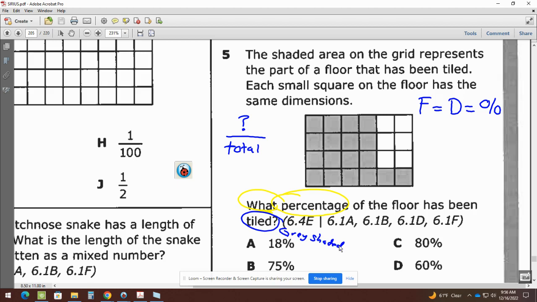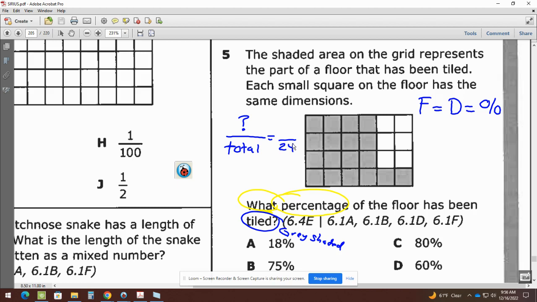So here we go. My first job is to create a fraction. So total: 1, 2, 3, 4; 1, 2, 3, 4, 5, 6. 4 times 6 is 24. So the total is 24. 1, 2, 3, 4: 4, 8, 12, 16, 20, 24. Any questions with that? No. What are they asking me about?